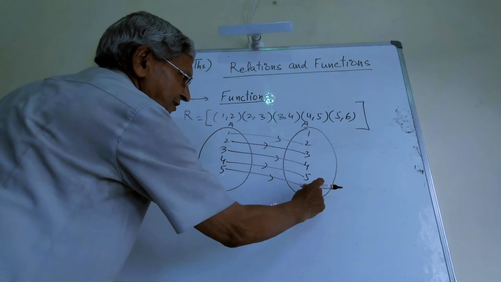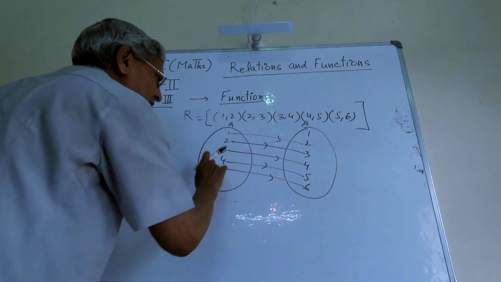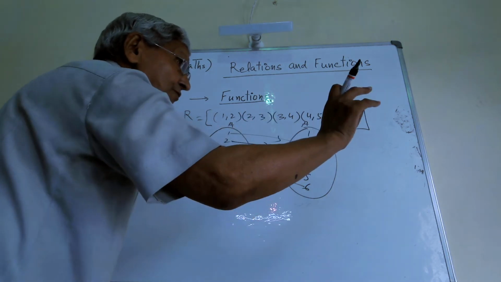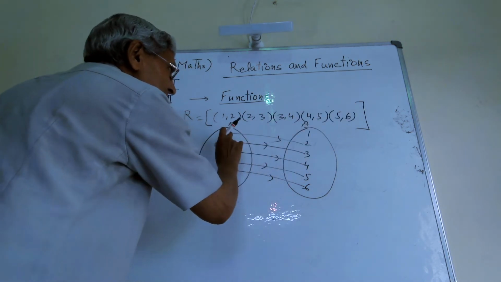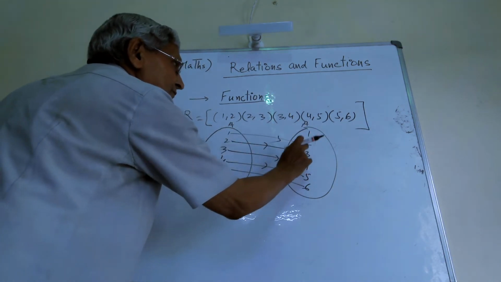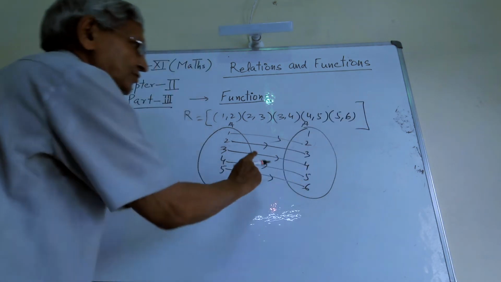See here, every element of A has one and only one image, not two. One has only one image. Two has only one image. There should be no two images. So this is a function.